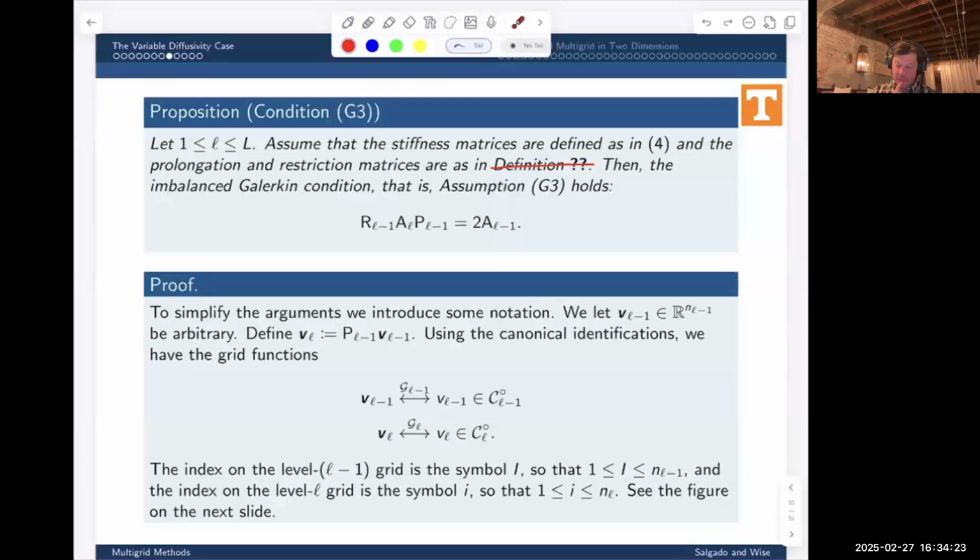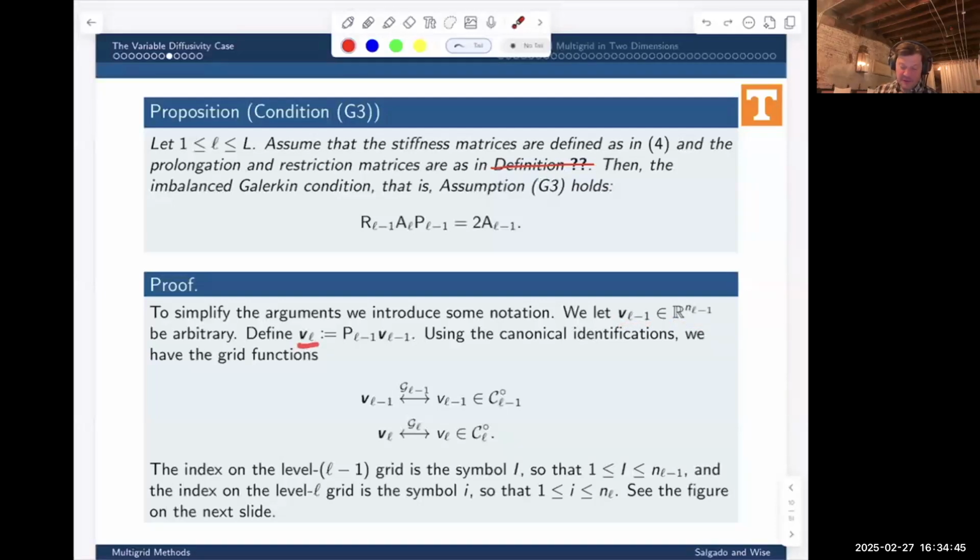We're going to act on both of these operators with vectors, and we're going to let v_{L-1} be that vector, arbitrary, a vector in R^{N_{L-1}}.